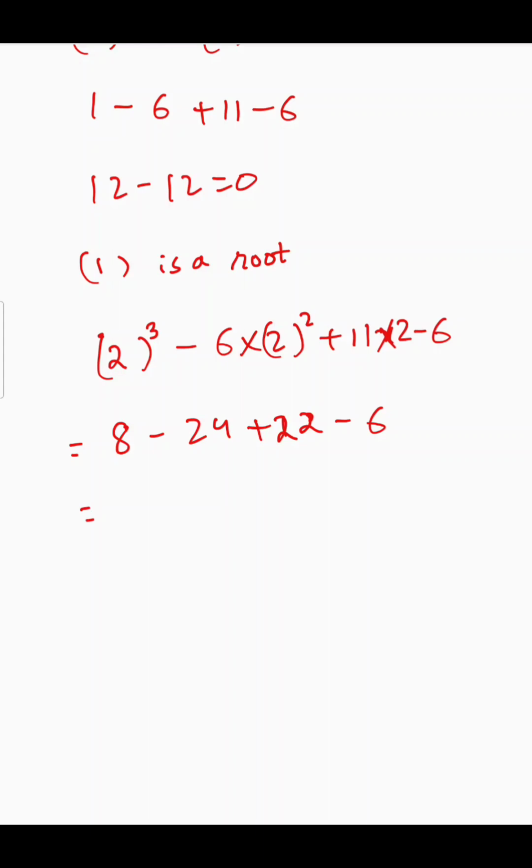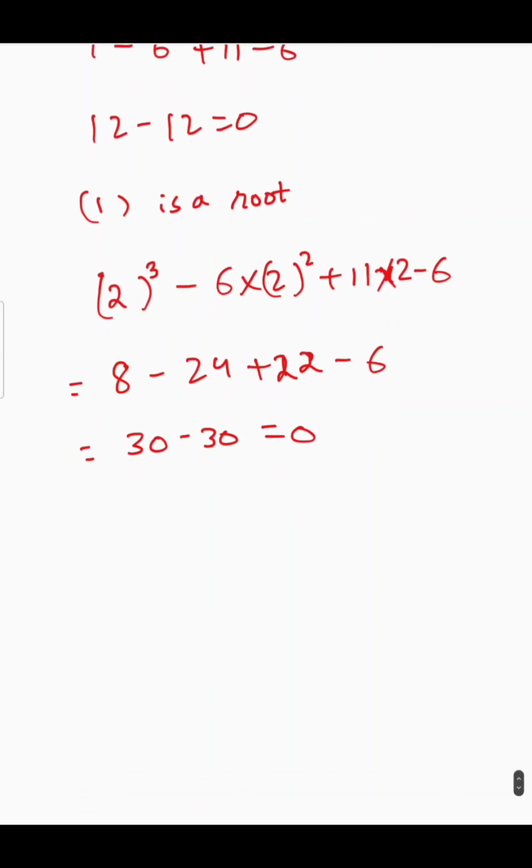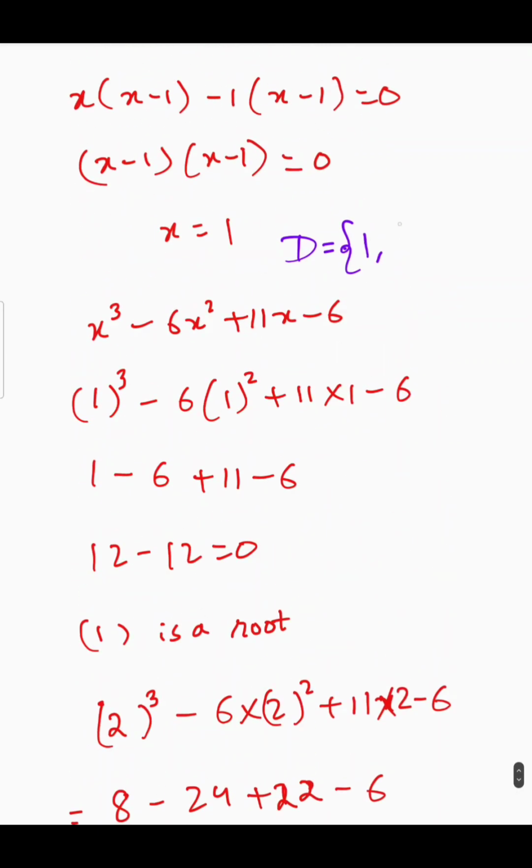So 22 plus 8 is 30, minus 30. Yes, this is also 0. So 2 is a root. So therefore D also has 2.